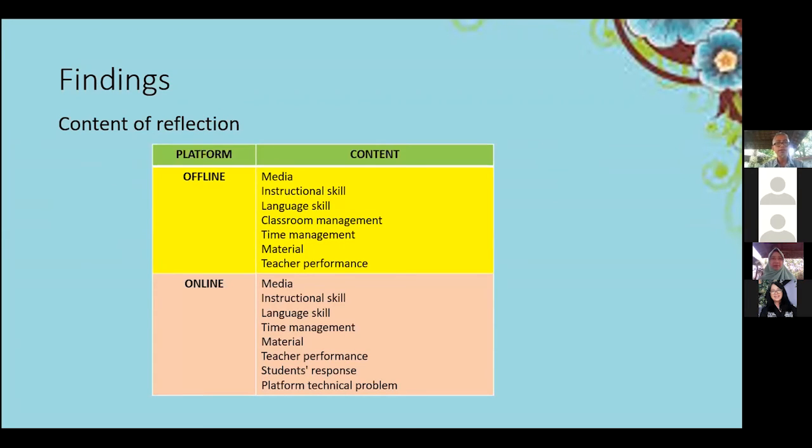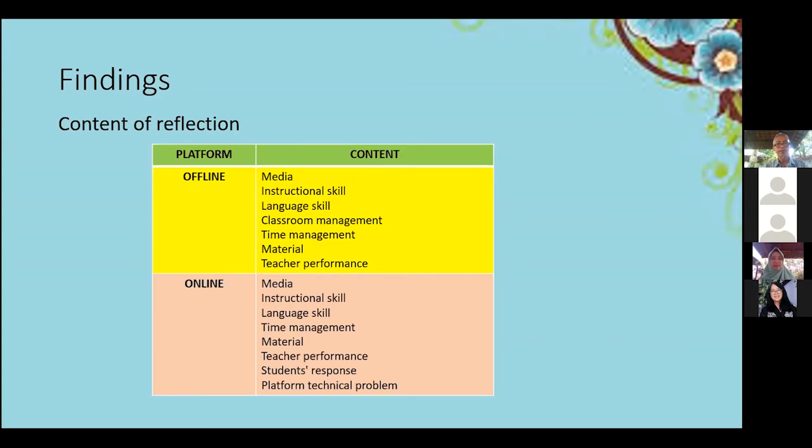In both offline and online micro-teaching, the student teachers write their experience, their reflections about media, instructional skill, language skill, classroom management, time management, and also material, and also teaching performance. But especially for online platform of micro-teaching, the student teachers have two other contents, which are the students' response and the platform technical problem.